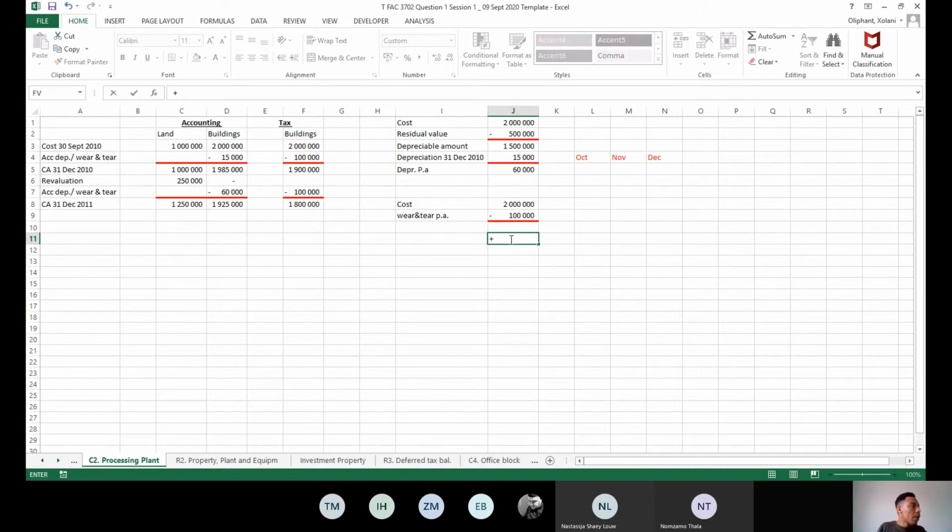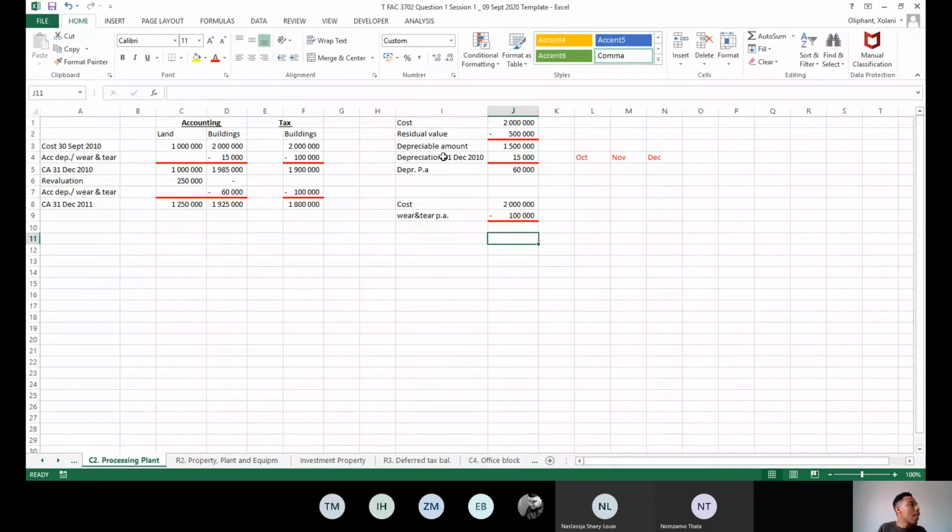Yes, it's correct. So the depreciable amount over 25 years, right? And then you only accounted for 3 over 12 months, because in 2010 you only had it for 3 months. So that's how I got to that 15,000, right?